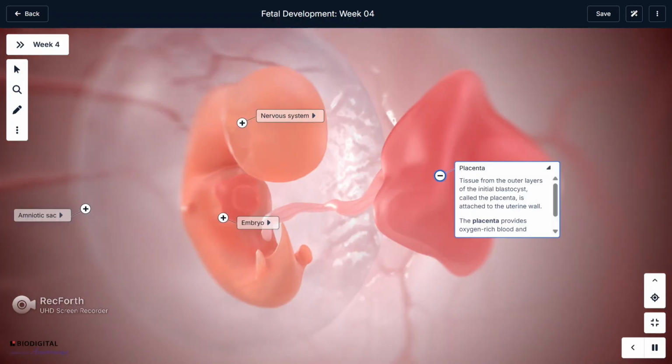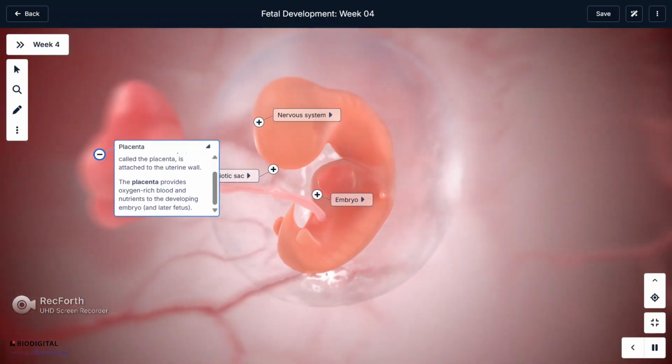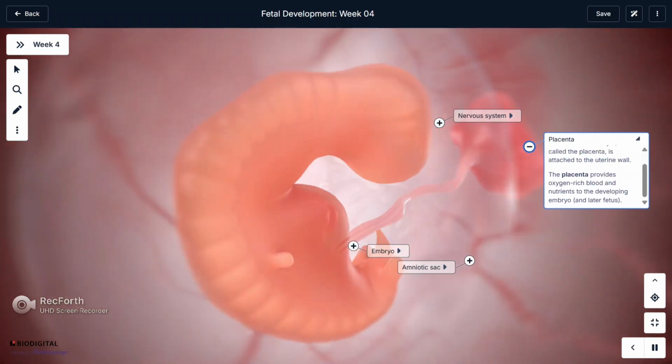And now, tissues from the outer layers of the initial blastocyst, called the placenta, is attached to the uterine wall. The placenta provides oxygen-rich blood and nutrients to the developing embryo and later on to be called as fetus. So this is the embryo in week 4.